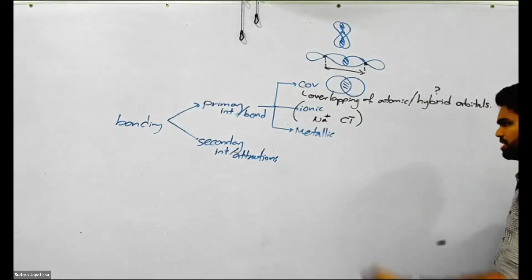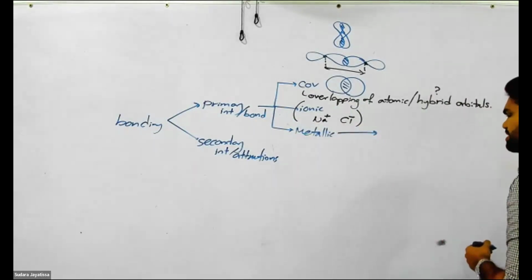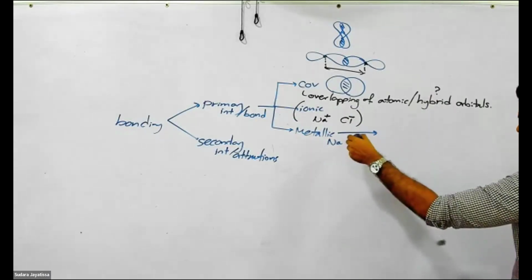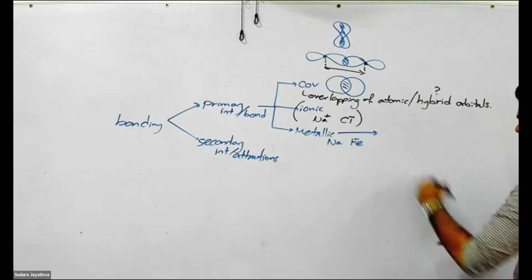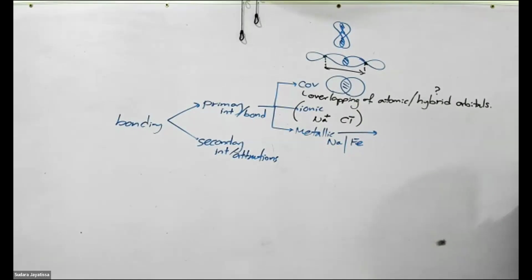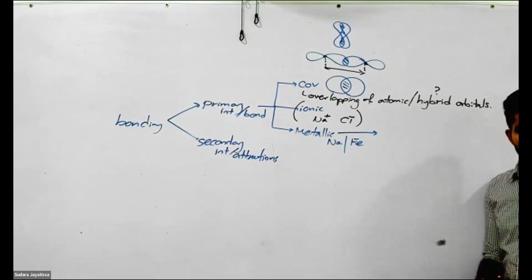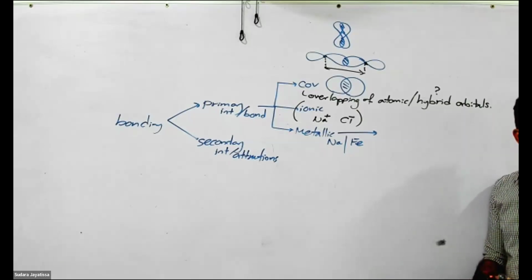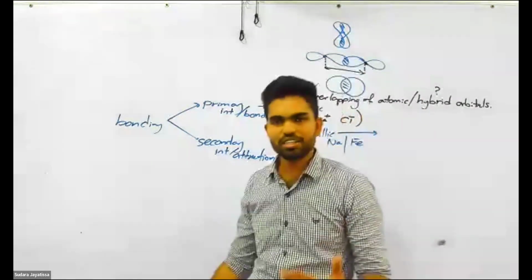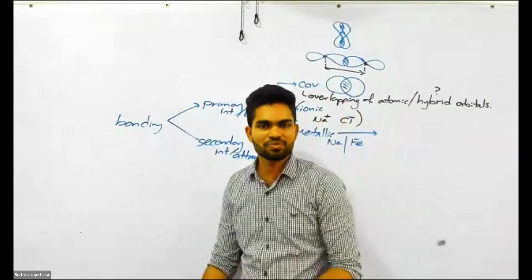Metallic bond. So I'll explain a little bit about metallic bonding. You know metals, sodium, and then metals like iron. Two different elements, two different metals. But any metal shares certain characteristics that are not found in covalent compounds or ionic compounds.